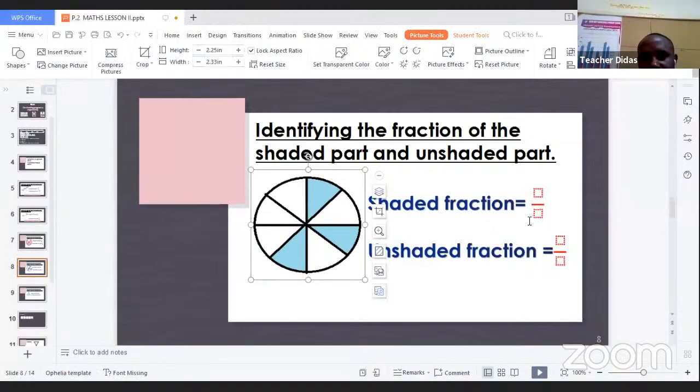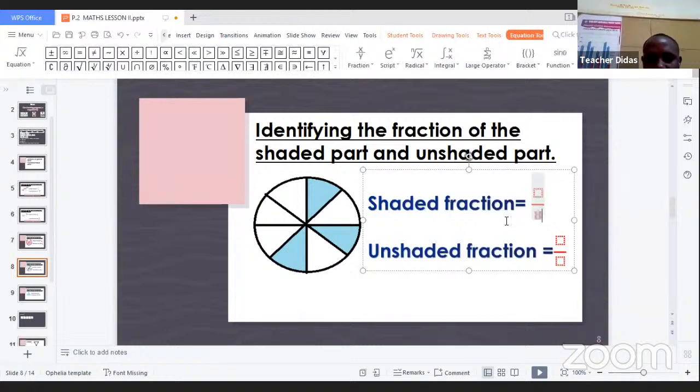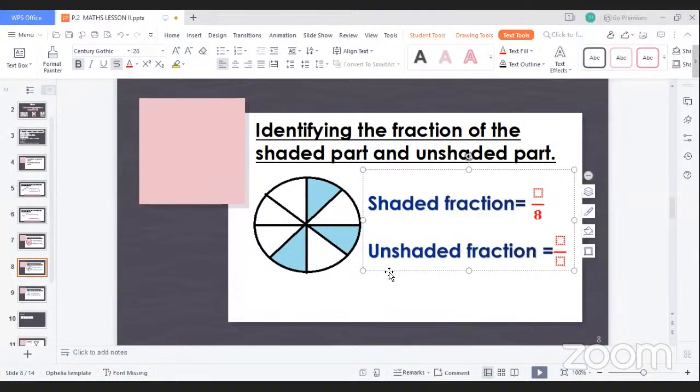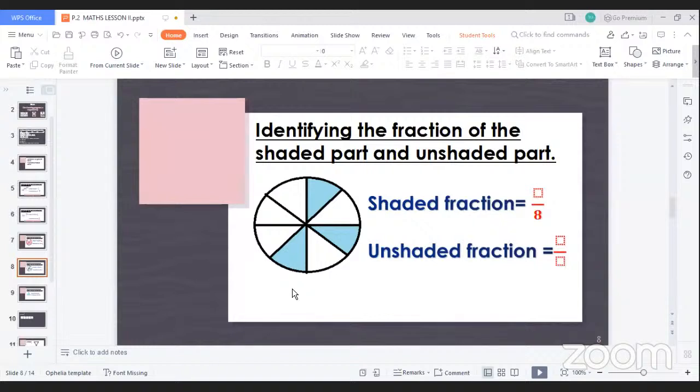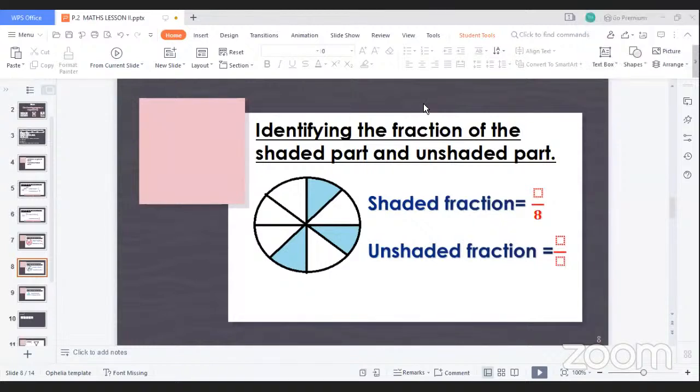Up or down? Down, because it is a denominator. It is called what? A denominator. I want you to say that word. A denominator. Good.